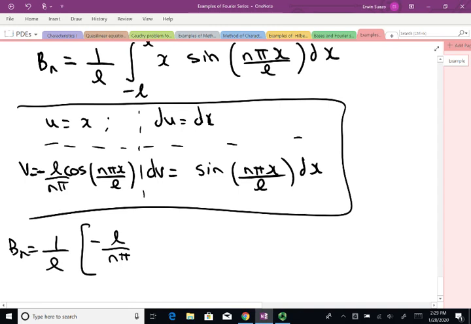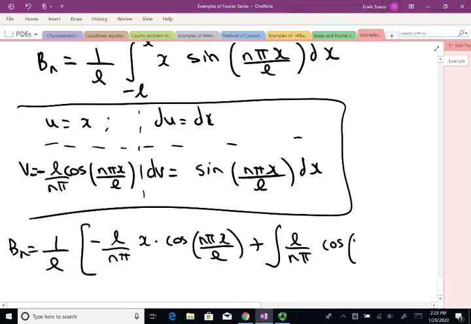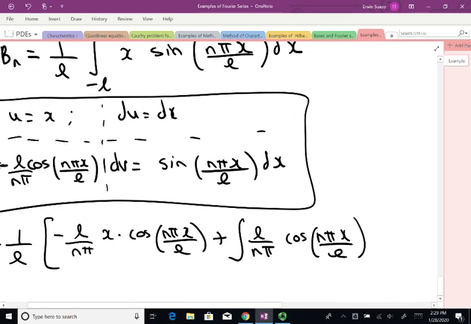Minus L over m pi, and then this is u times b, so that will be x times cosine m pi x over L. That's u times b, right? Yeah. Then minus, but minus will be plus, the old b du, L over n pi cosine m pi x over L, b du.